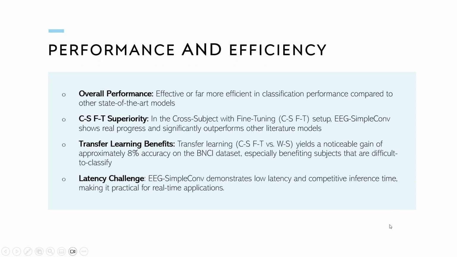The last one, EEG SimpleConv demonstrates low latency and competitive inference time, making it practical for real-time applications. The within-subject configuration has lower latency than EEGNet, despite having 60 times more parameters, challenging the conventional assumption that fewer parameters guarantee better latency. Low latency is achieved by simplifying the architecture.